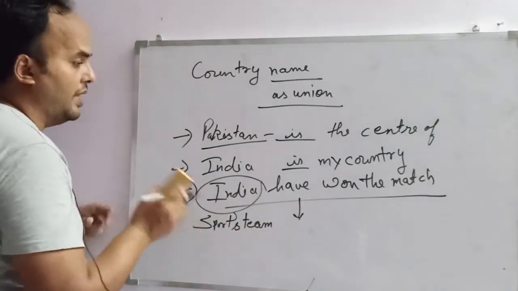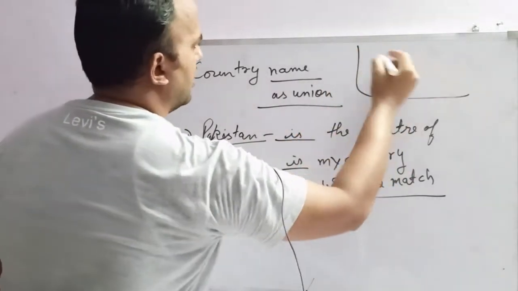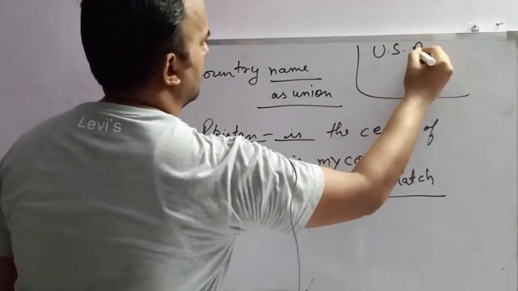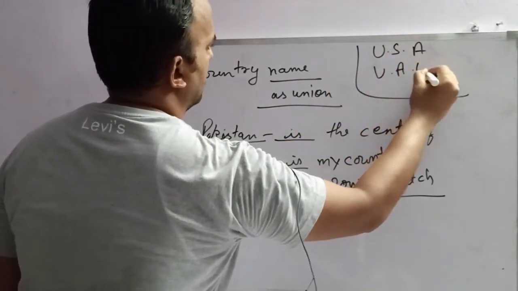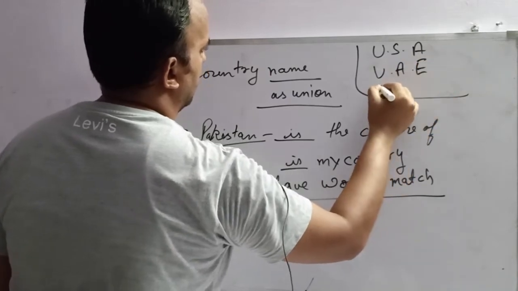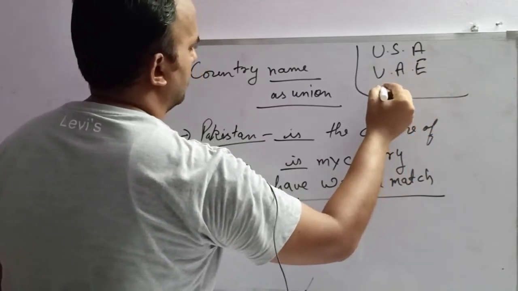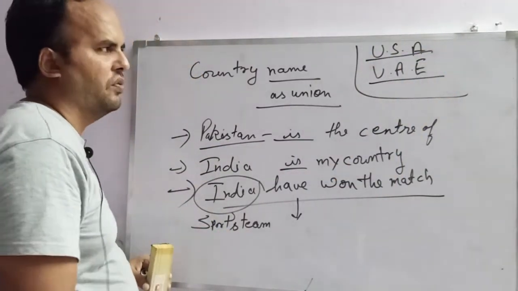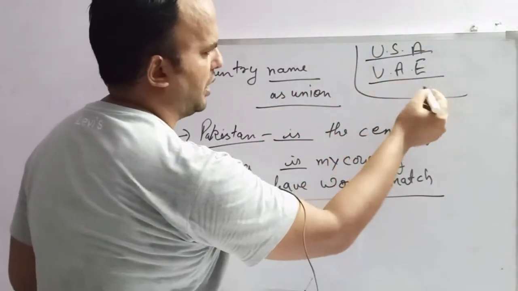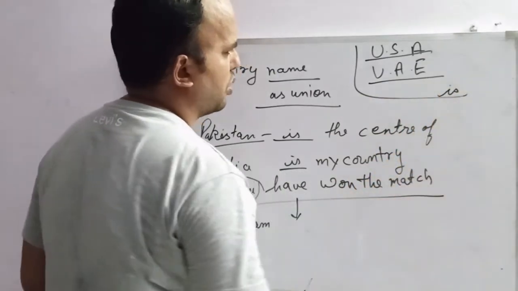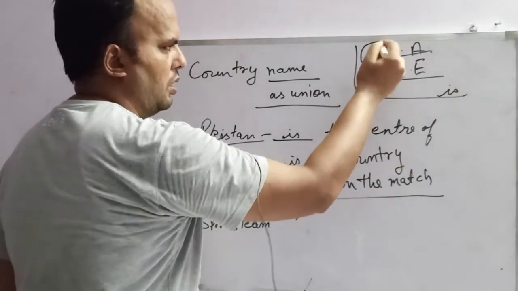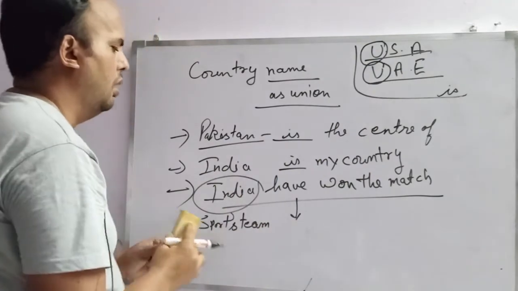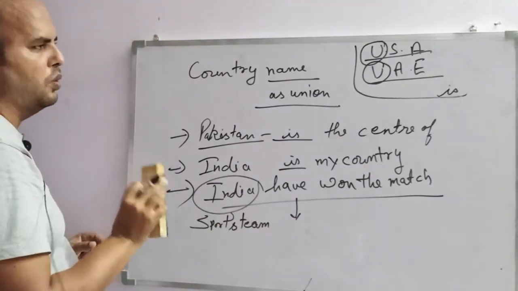Now, there are some countries which use the word United, like these two examples: United States of America or United Arab Emirates. They are going to use is only, no matter that we are using United here. Here I want to say one more thing once again.